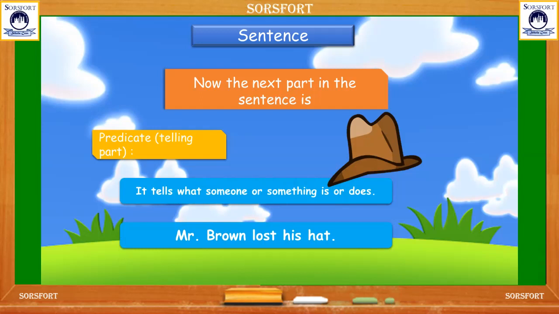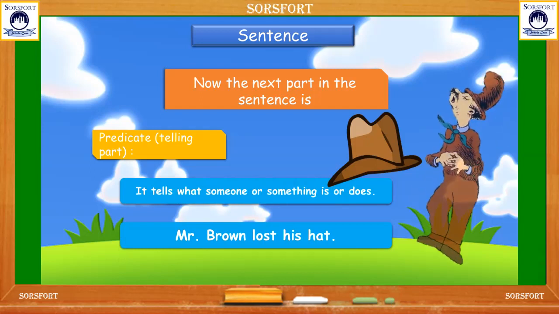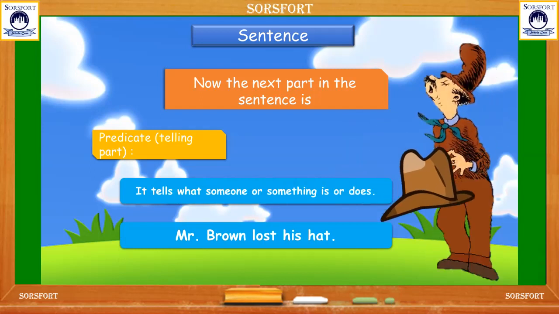So here you can see the example sentence, that is Mr. Brown lost his hat. So here lost his hat is predicate or telling part, and Mr. Brown is subject, the naming part.